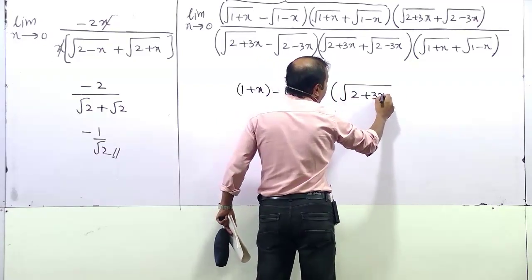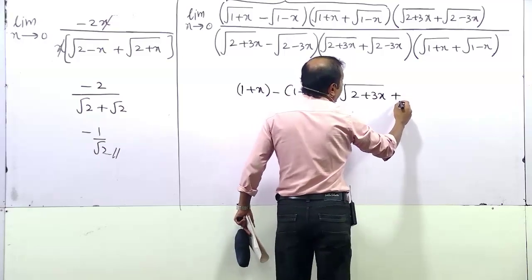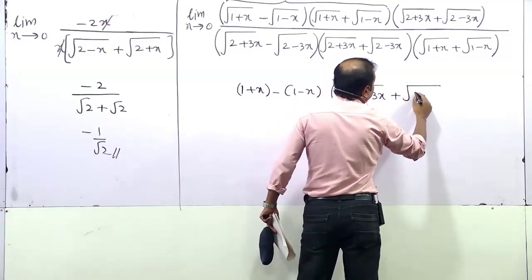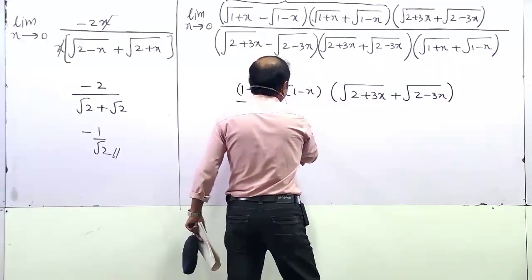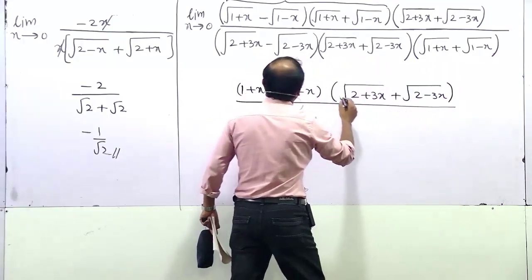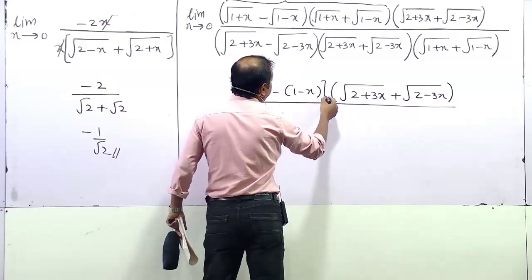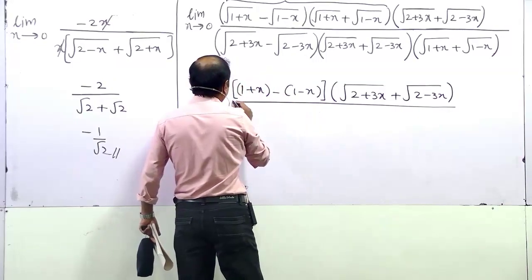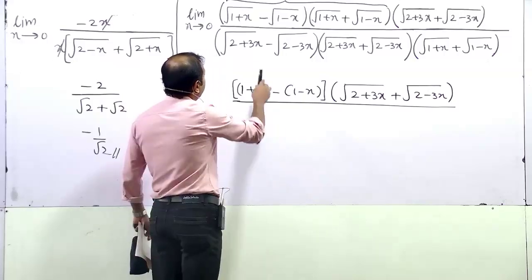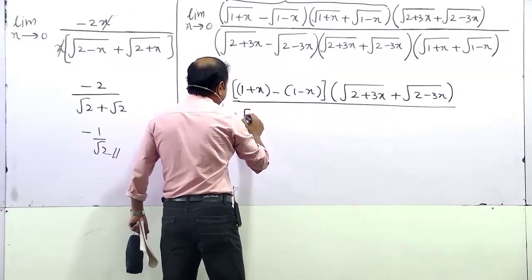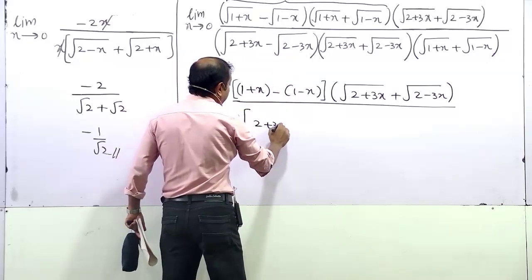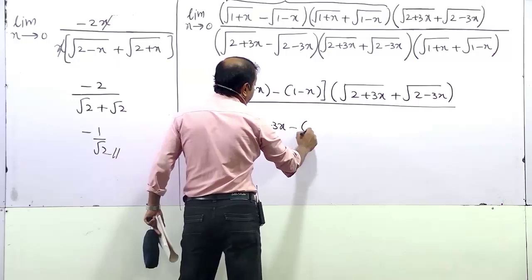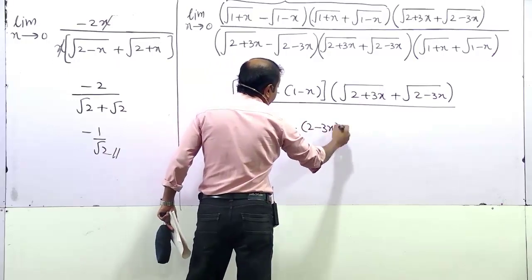Root 2 plus 3x plus root 2 minus 3x, like this, huh? And here, this 2 again, square of this minus square of this: 2 plus 3x minus 2 minus 3x.